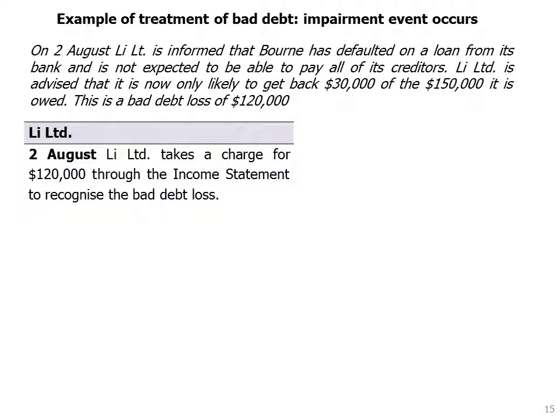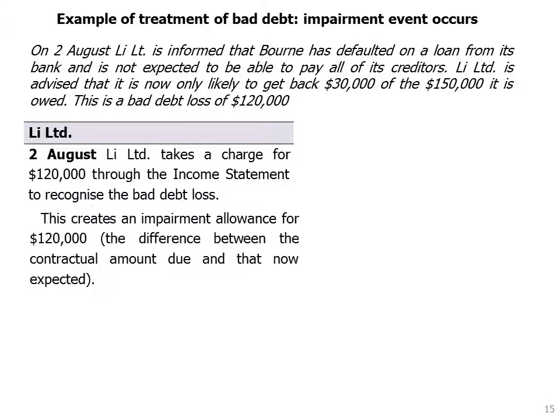On the 2nd of August, at the time that this news is received, Lee takes a charge for the expected loss, which is $120,000, the difference between the $150,000 invoice and the $30,000 it now expects to get back, through the income statement to recognise the bad debt loss.